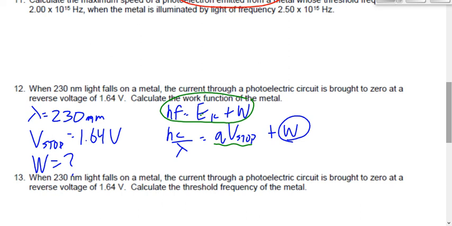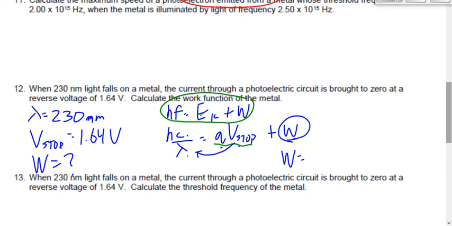Okay, so we sub in our numbers here using joules. 6.63 times 10 to the minus 34, times 3 times 10 to the 8, divided by 230 times 10 to the minus 9. Sub in your numbers there, take this over to the other side by subtracting once you have your variables in there, and solve for the work function.